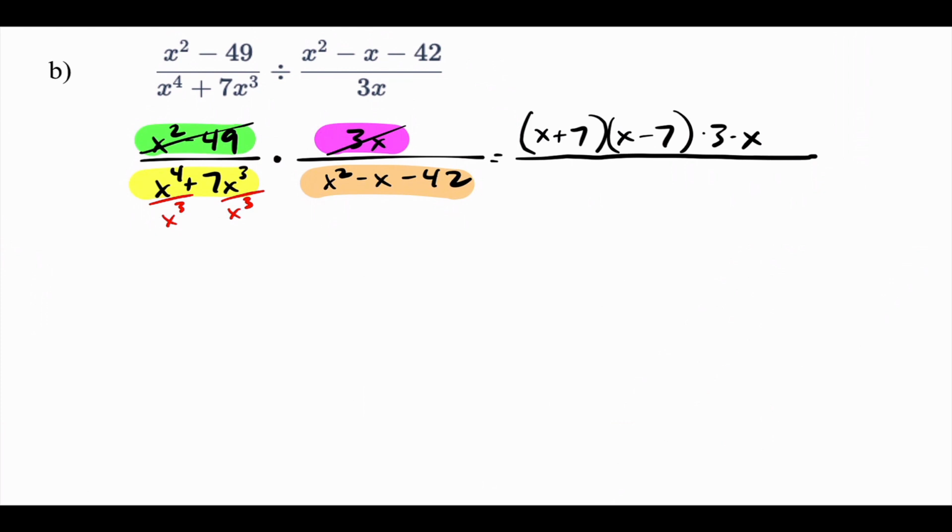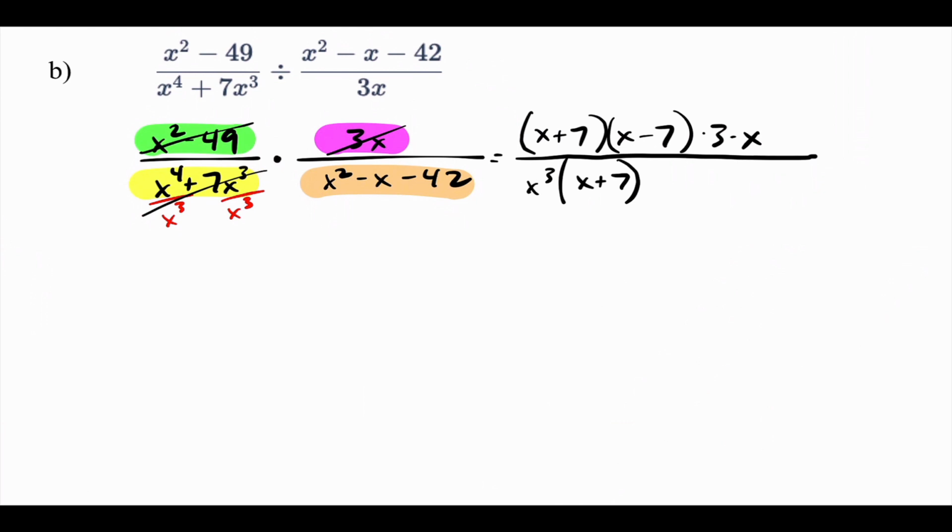They go in front, right? When they go in front, they become monomials. So x to the 3rd is no longer a binomial. X to the 3rd is a monomial, kind of like 3x was. So what's left when I divide them both by x to the 3rd? X plus 7. Okay, done with that one.